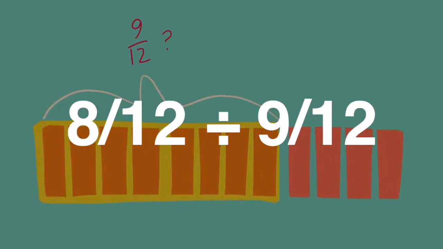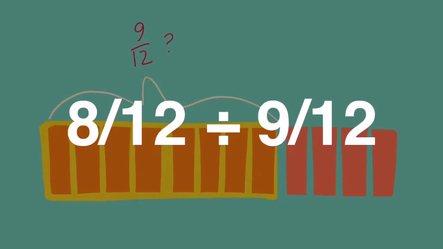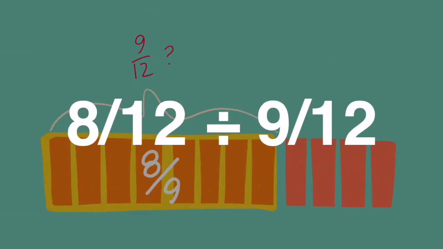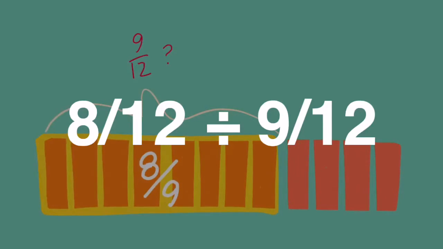But what is that? That's 8 pieces out of how many did we need? 9. We needed 9/12, but we could only take 8 because there are only 8. So it's 8 parts out of 9, 8/9. That's the group of 9/12 that we can take from 8/12.